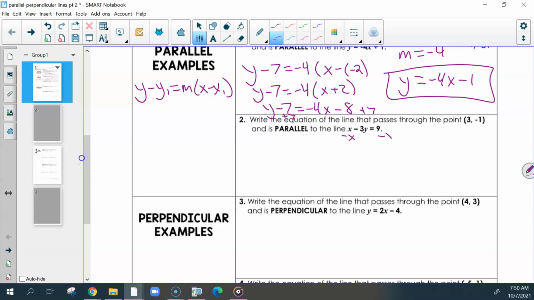X to the other side. We have negative 3y equals negative x plus 9. Divide everything by negative 3. So we have the equation y equals 1/3 x minus 3.